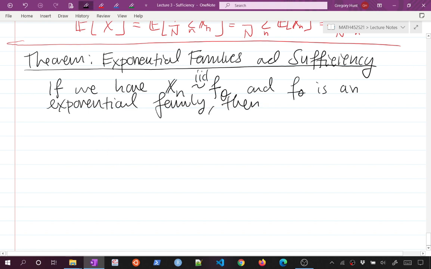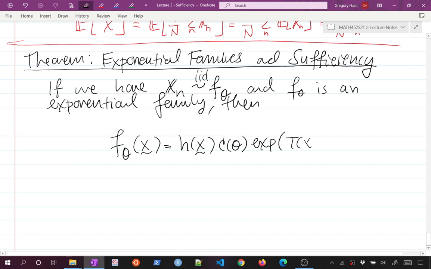Then, right, we'll just write this out, right? An exponential family says I can write this as h of x, c of theta, exponential of t of x times w of theta, right? Suspiciously starts to feel a lot like a factorization.